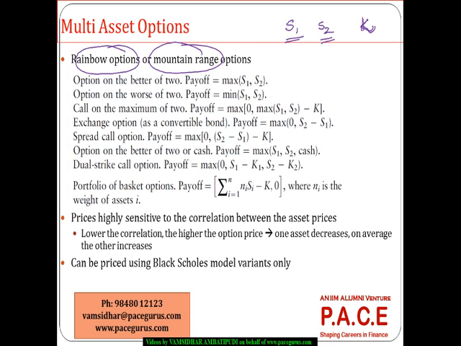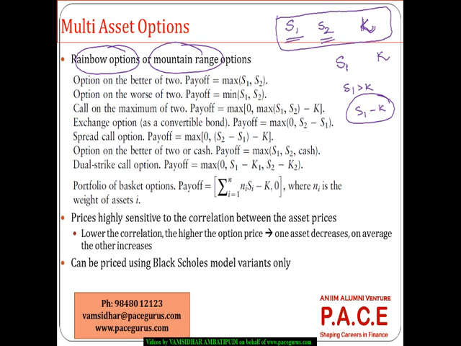Now, with these three instruments, there are so many options that are created. In general, what is an option? We are looking at only one asset. We have a strike price K. If I am looking at a simple call option, if the asset price is greater than the strike price, the difference is the typical payoff that is received.